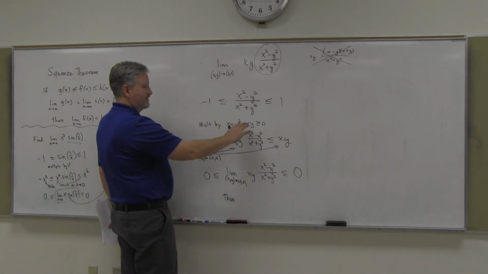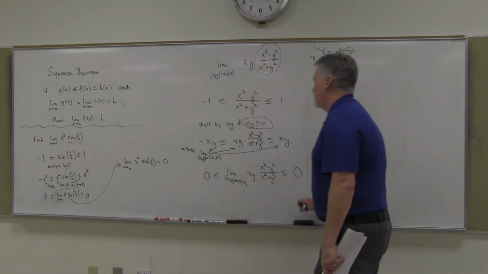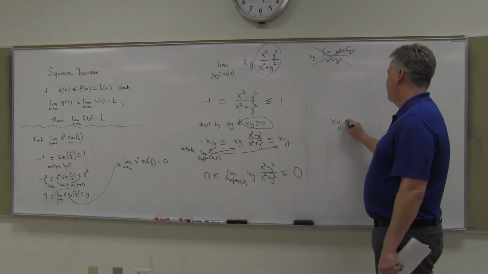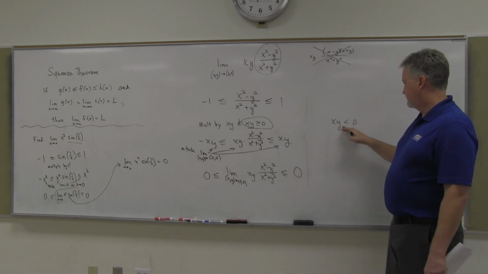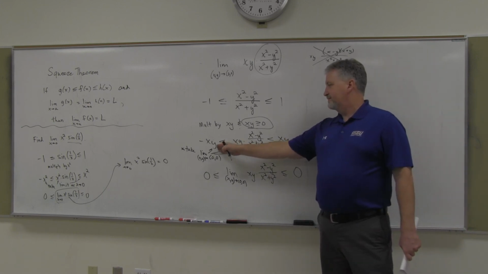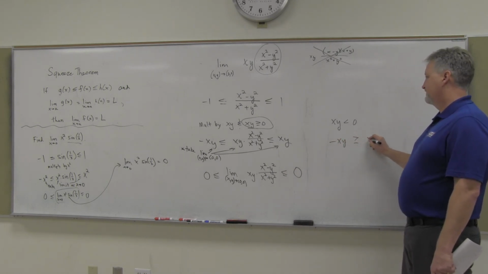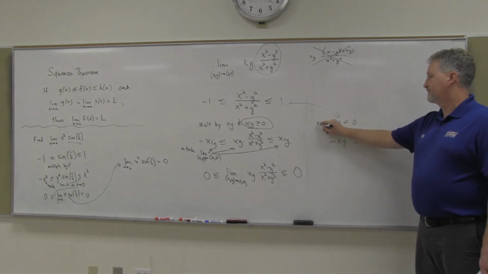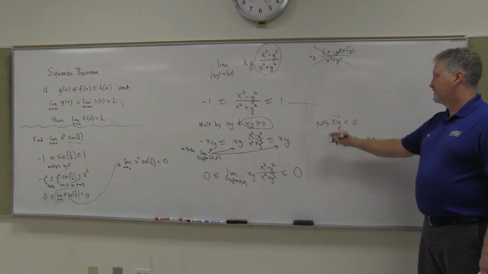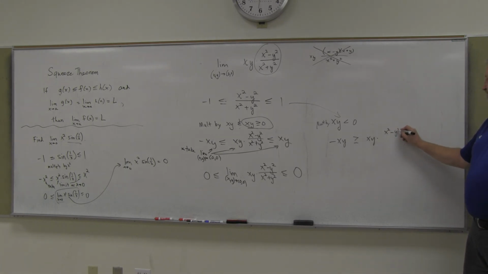Now, that's for xy greater than or equal to 0. What about xy less than or equal to 0? Well, the only thing that changes is the inequalities, since I'm multiplying by a negative. Does that change my result here?